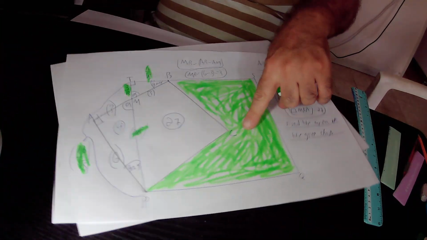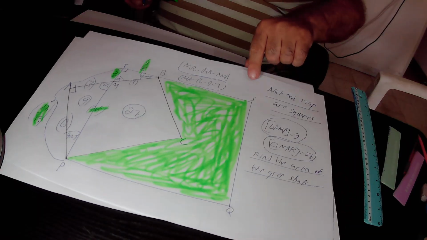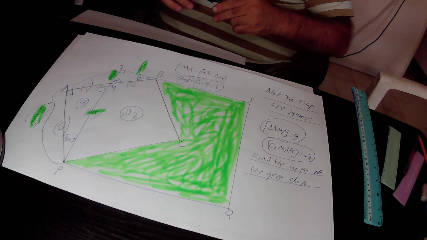Our task is to find the area of this green shape. What is the area of the green shape?